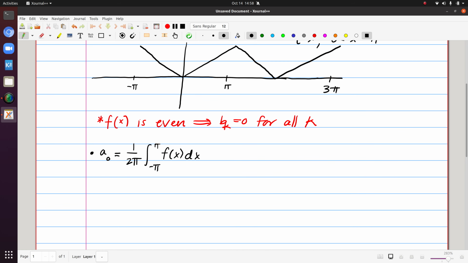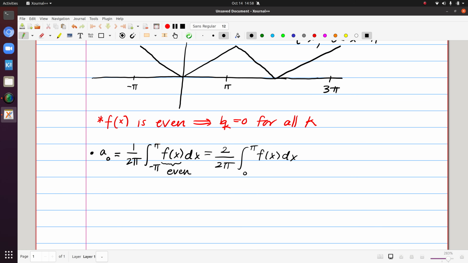Now, another potentially helpful observation is, yes, we know f is not odd, so that's why I couldn't say a sub 0 was 0. But f is even, and one thing we said we could do is write this as twice the integral from 0 to pi.